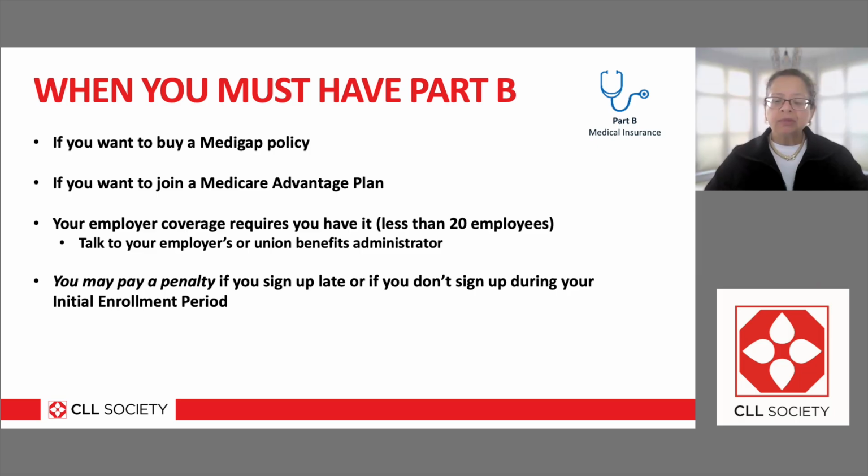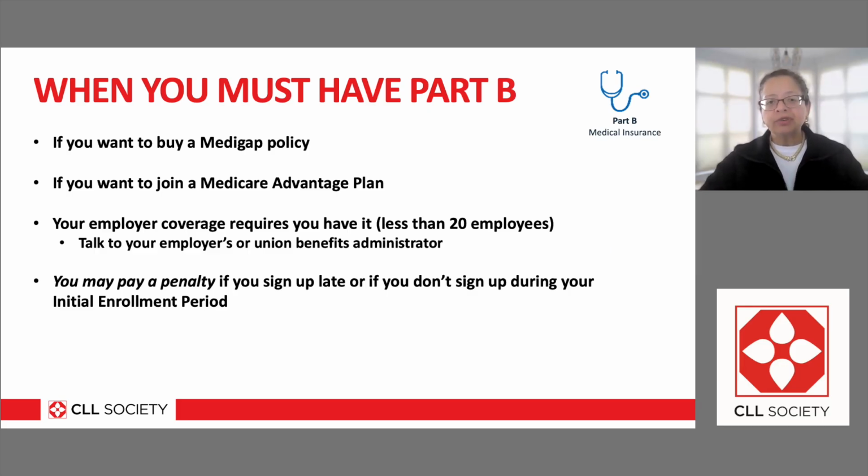The important thing to know about Part B is that you can buy something called a Medigap policy, which we'll talk about in more detail later, but it will help you offset the costs that you incur out of pocket yourself. If you want to have a Medigap policy, you must first have the Part B benefit.